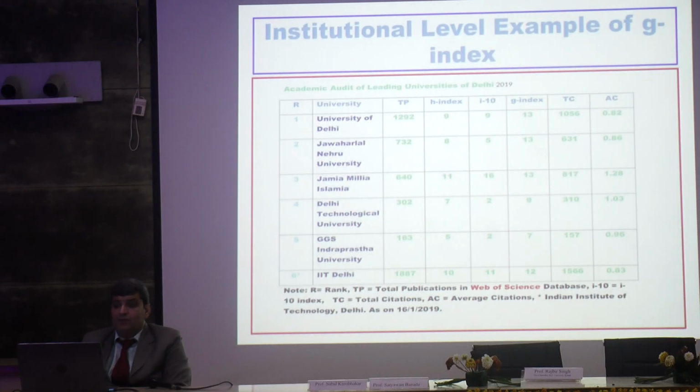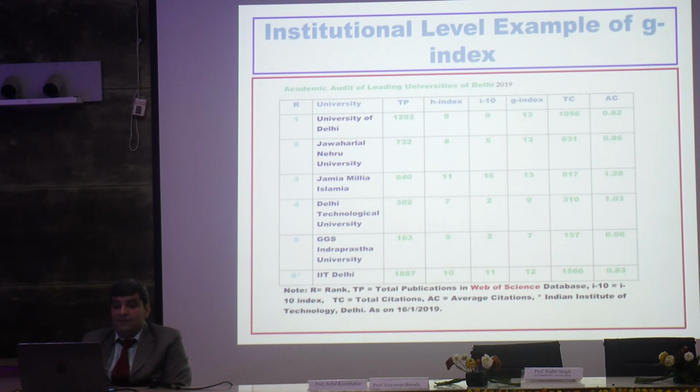Institutional level index of G index, an example of the quality of research publications, comparison. Sitting here near Delhi, we might be aware that the quality of education in University of Delhi may be better than a state university available in nearby states.